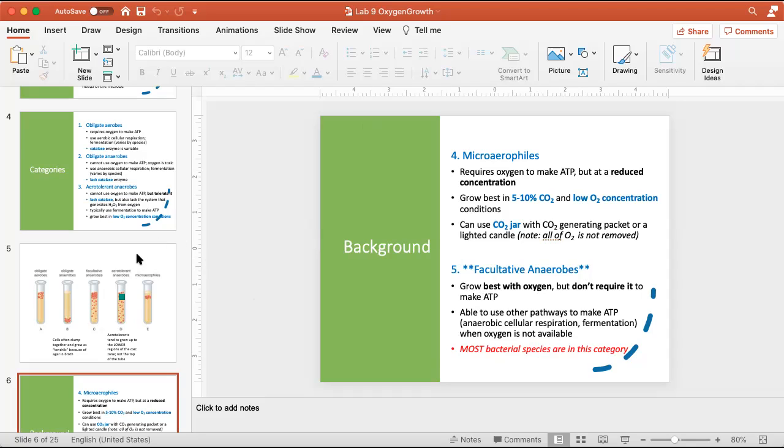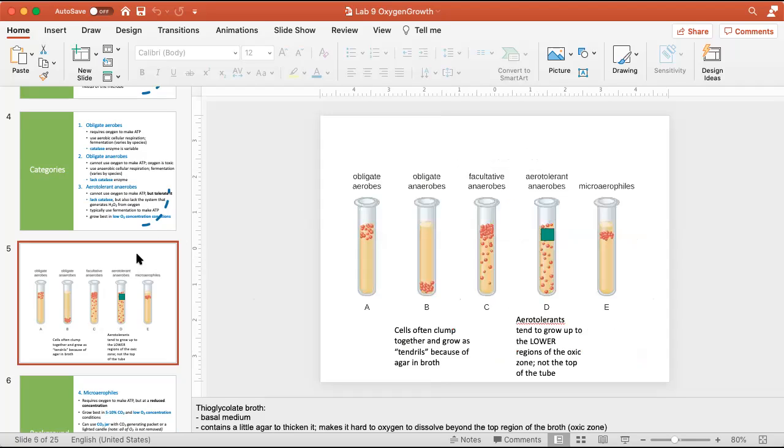So I mentioned that we use a special kind of medium called thioglycolate to look for which category these microbes belong to. And that's what this slide is about. Obviously, these are just drawings, but they're a representation for what microbes look like when they grow in thioglycolate.